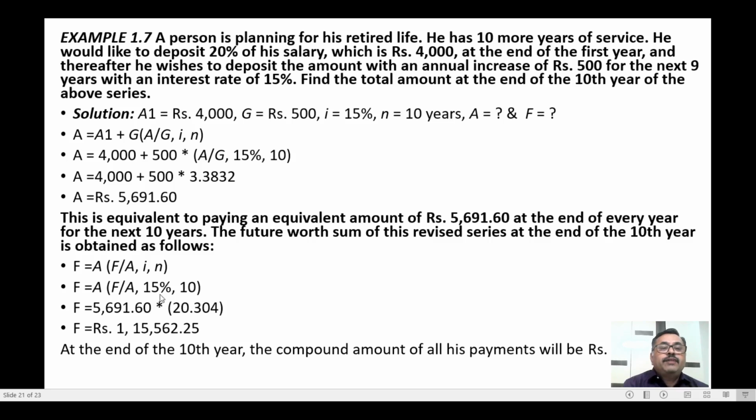The value for this from the table is 20.304. If you multiply this, the future amount that he is going to get is 1,15,562 rupees 25 paisa. That means after the 10 years of his work life, when he retires, he will get an amount of 1,15,562 rupees 25 paisa.